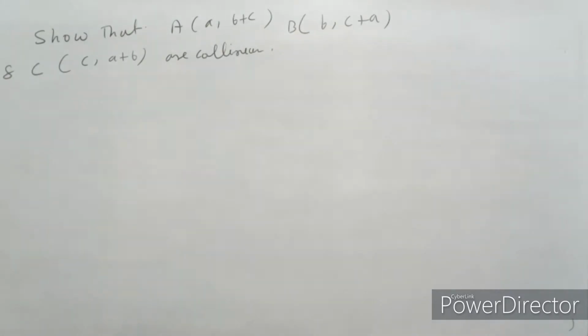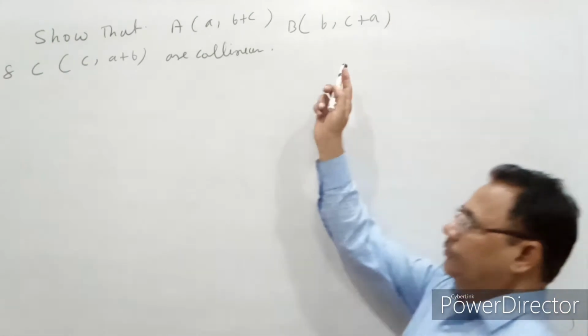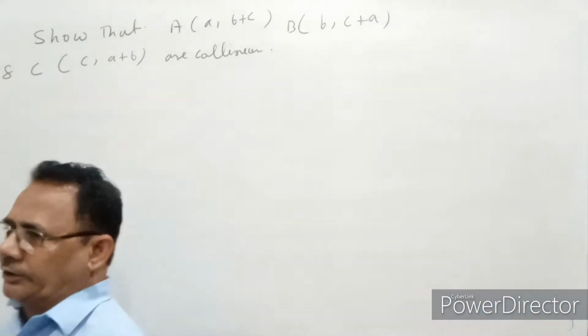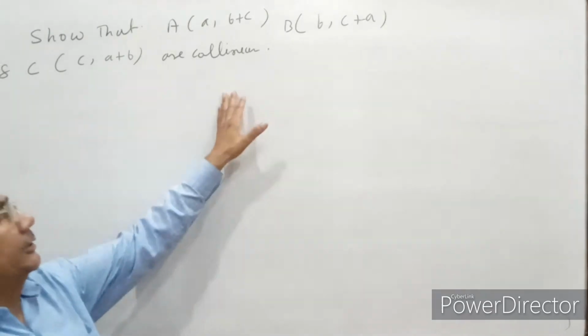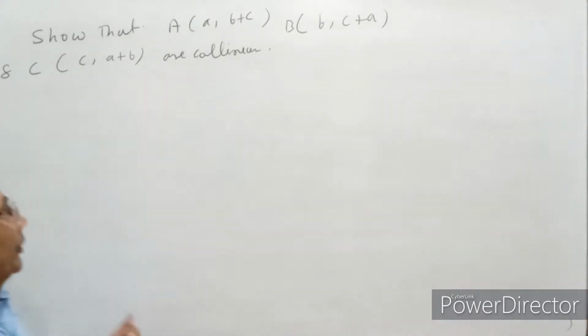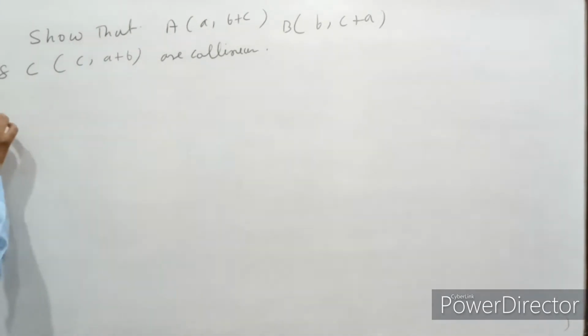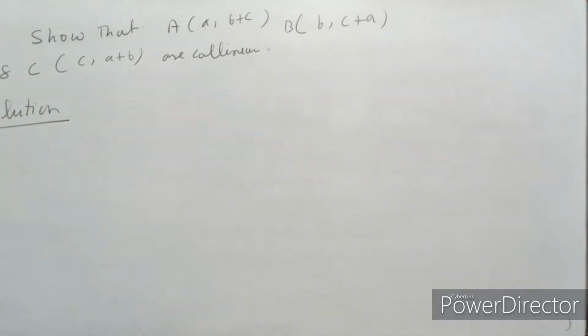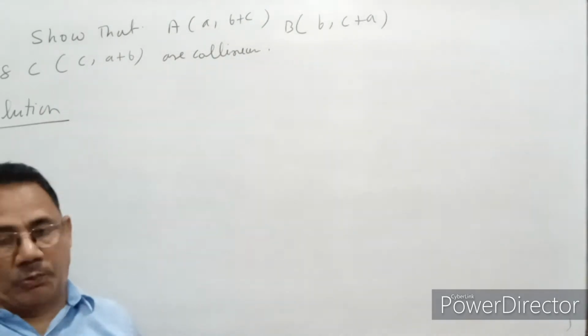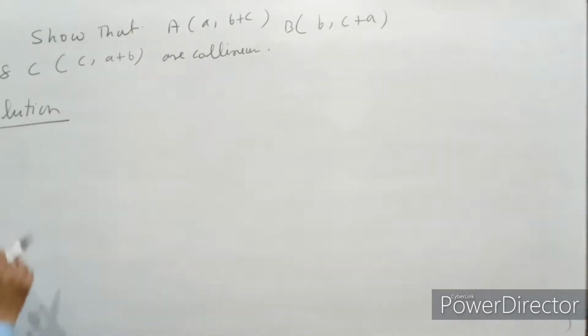Yes, so these 3 points are given with their vertices, and we want to show that these 3 points are collinear, that is, they lie on a straight line. Solution: these points lie on a line, so we find the area of the triangle. If the area of the triangle is 0, then you say that these 3 points lie on a line.